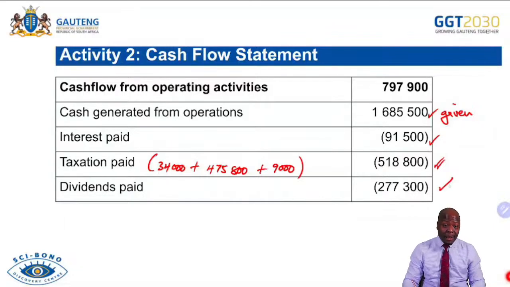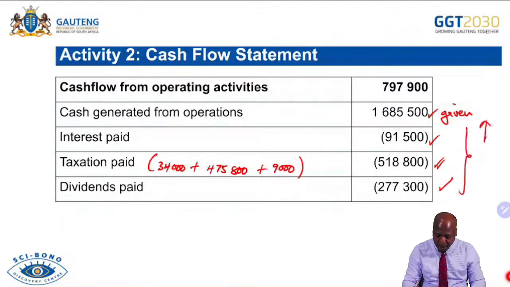So let's take our calculators, and then we want to see how we can go all the way up now. On your calculators, you will now say 1,685,500 minus 91,500 minus 518,800 minus 277,300.